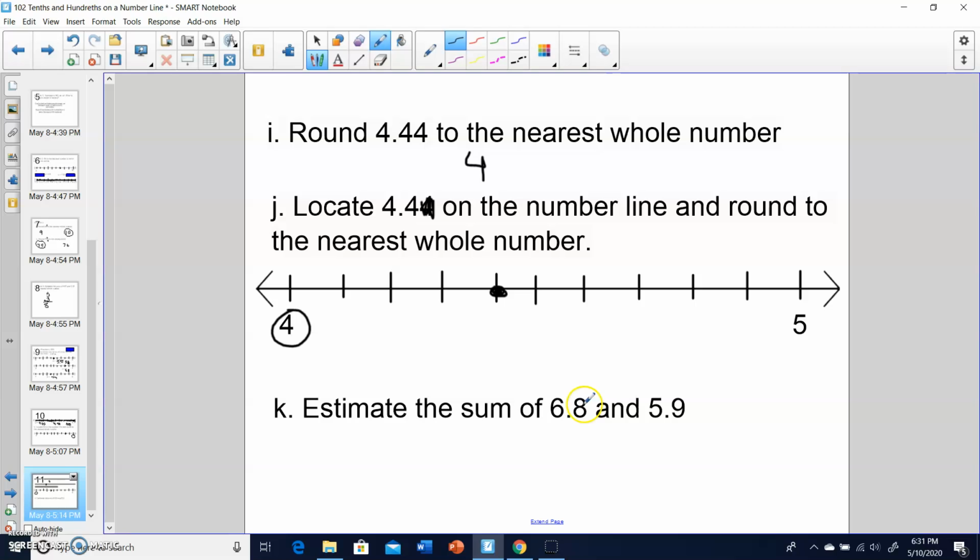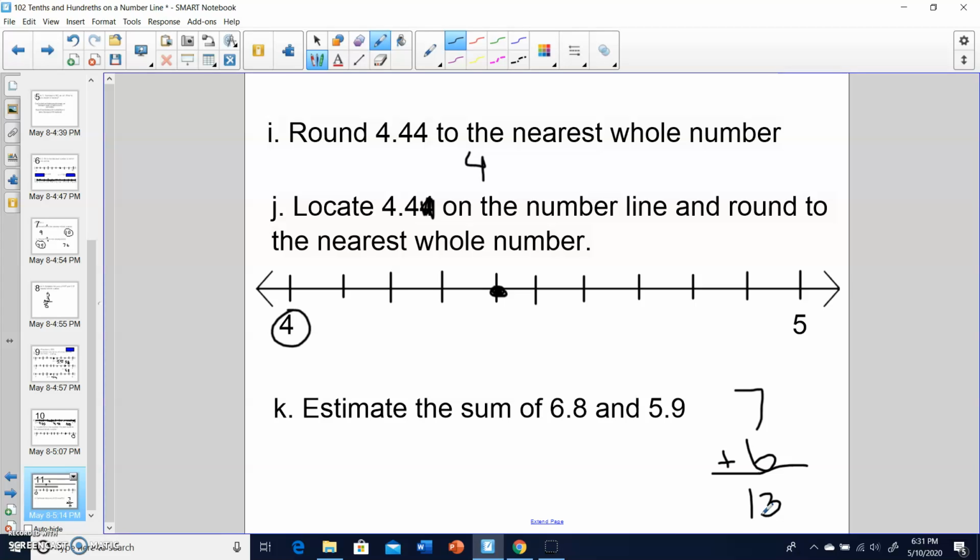Estimate the sum of 6 and 8 tenths and 5 and 9 tenths. So we're going to estimate, so that means I'm going to round. 6 and 8 tenths rounds to the nearest whole number of 7. And 5 and 9 tenths rounds to the nearest whole number of 6. If I add them together, I get 13.